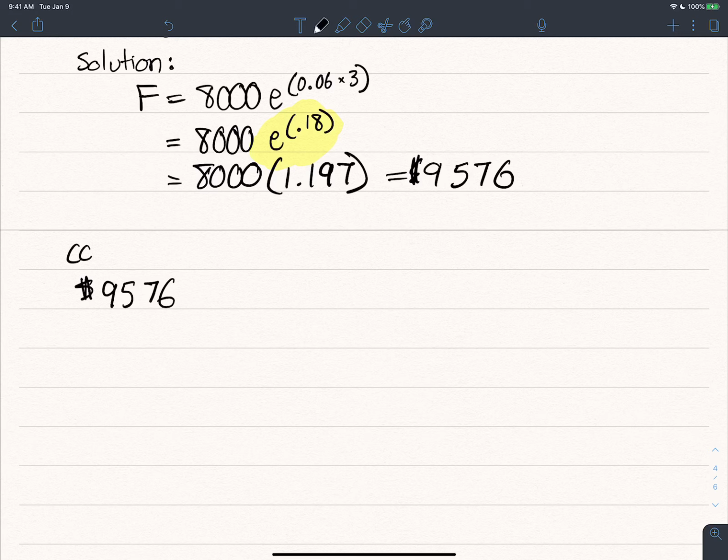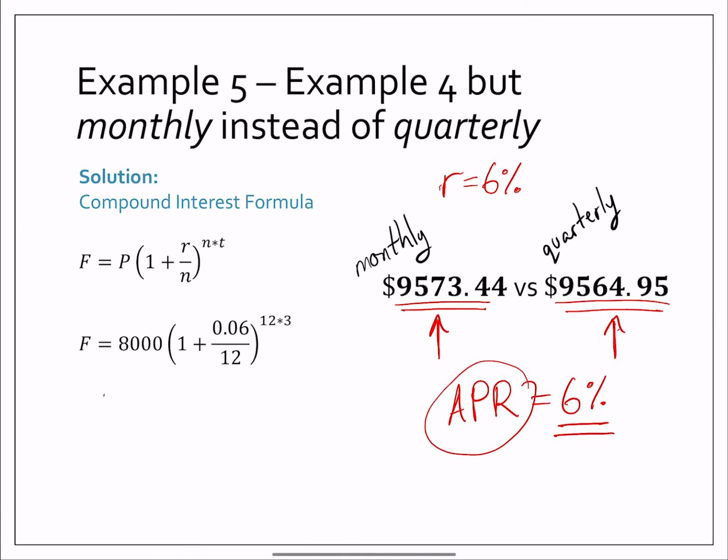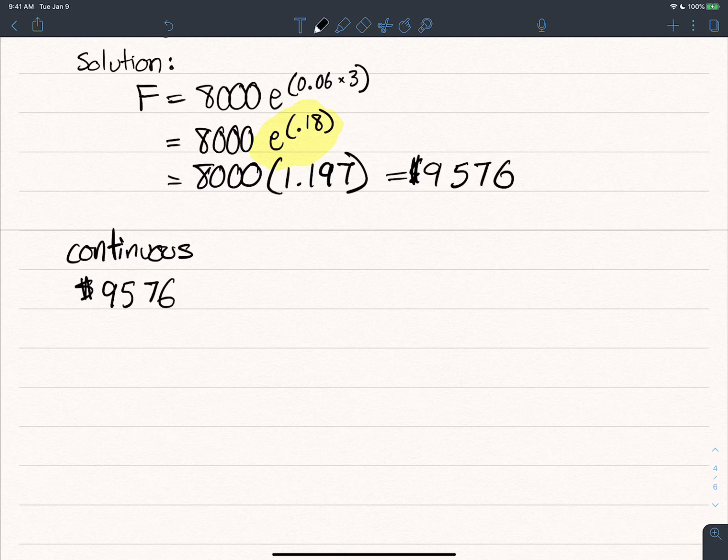That was continuous compounding. And then let's look back over here and see what we had for the other ones. For monthly, we had 9,573.